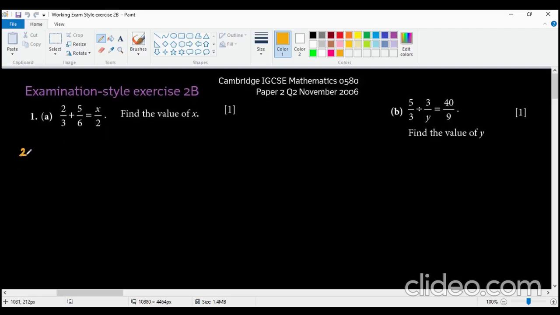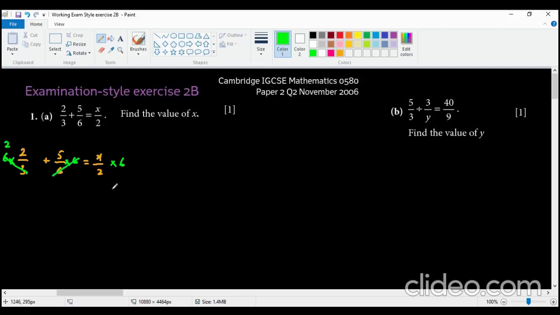The best way is to write these fractions with a little space between them, something like this: 5 over 6 equals x over 2. So the LCM of 2, 3, 6 and 2 is 6. So I multiply everything by 6 like this. Now these two are going to be cancelled and you'll get 2 here.